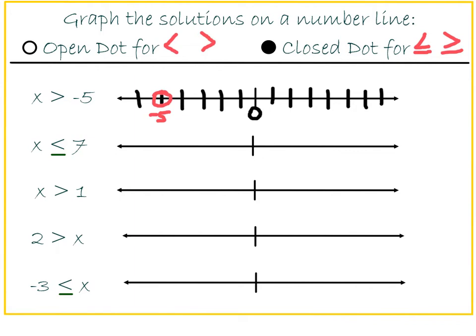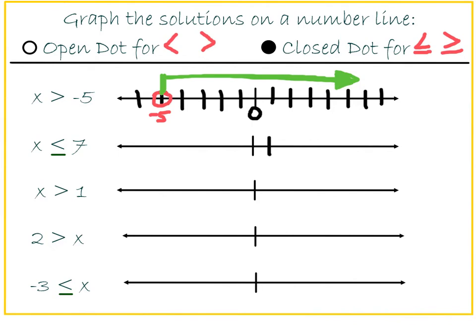So are those numbers to the left of -5 on the number line, or are they to the right? They are to the right. And so what we do is we show that those are all solutions by drawing a nice big arrow starting at the -5 and going to the right, saying anything that's covered in this green arrow is a solution except not -5, and that's why there's an open dot there.